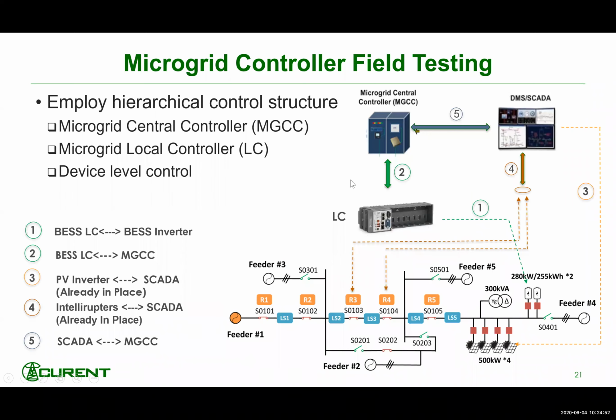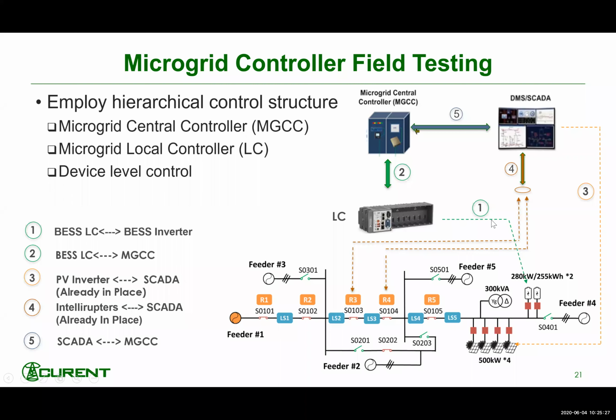And here is the field testing, where we have already integrated the controller into the real system. For example, we deploy our local controller to control the battery and the central controller to control the entire system. This is a hierarchical control structure: a local level, device level controller in the field, and the central controller as the control center.